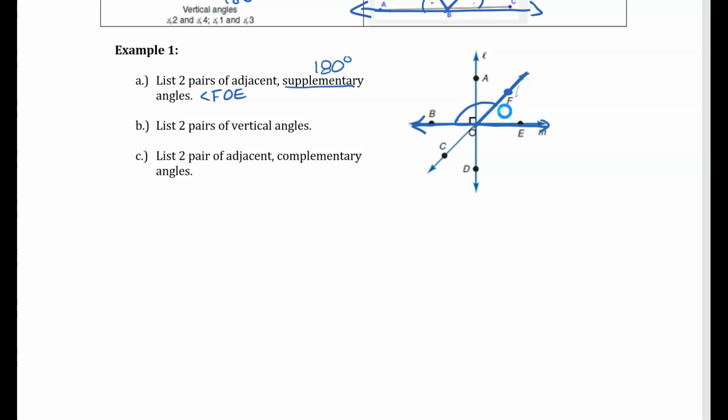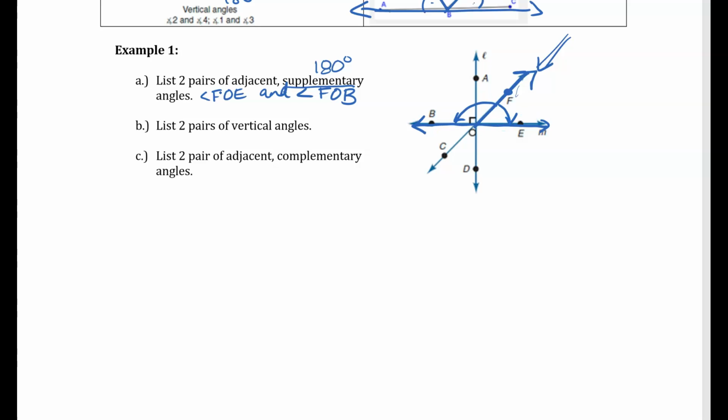So FOB and FOE together make 180 degrees. There are certainly other options, but that's one example. Just make sure your angles are next to each other. Notice that these share a ray, this ray right here down the middle, and they add to 180.